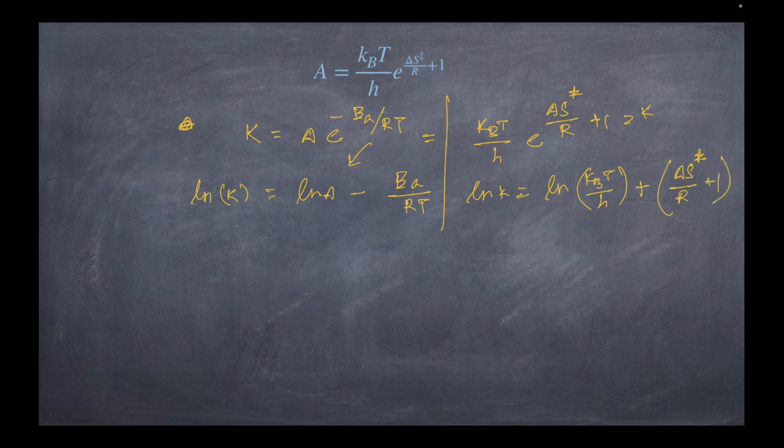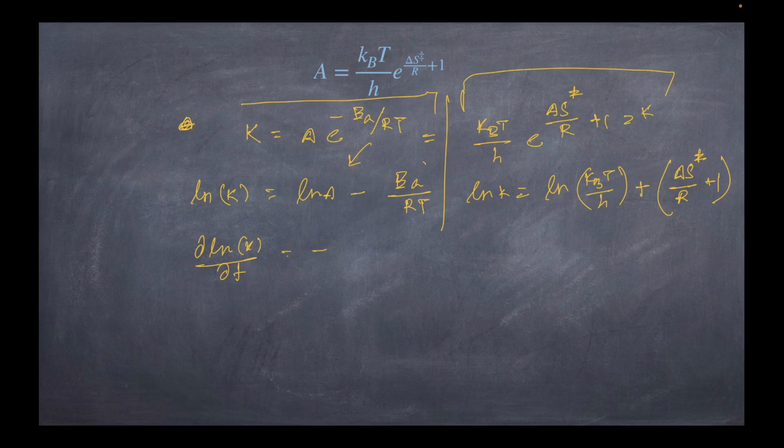Now let's take the derivative with respect to temperature. For the Arrhenius expression, ln A is a constant, so its derivative with respect to temperature will be equal to 0.